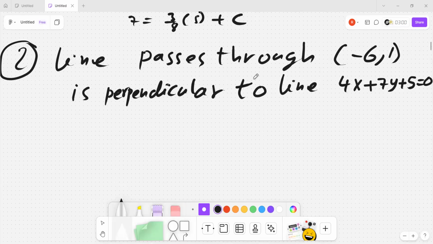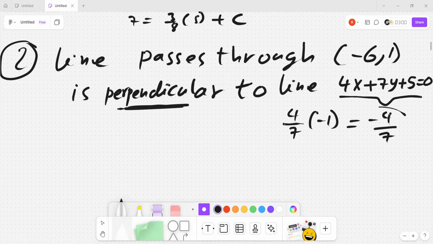So the first thing, we will try to find the slope of this line, which will be 4/7 times -1, which will be -4/7. Our line is perpendicular to this line that has this slope. So our line's slope will be y equals 7/4 x plus c.